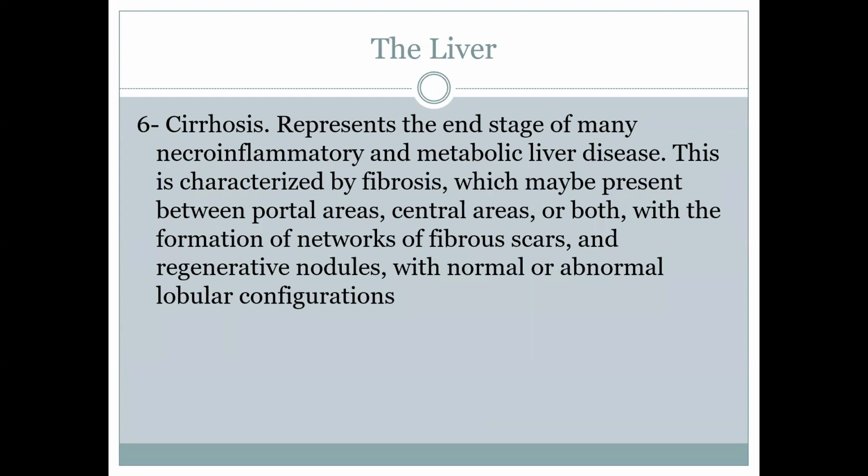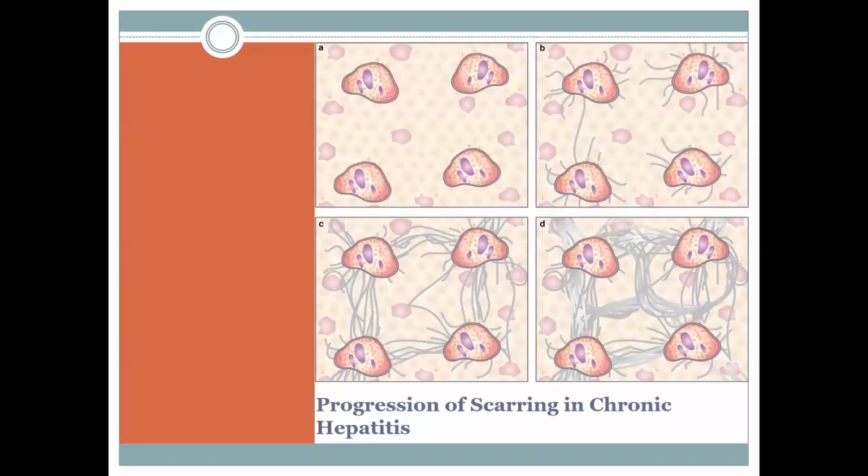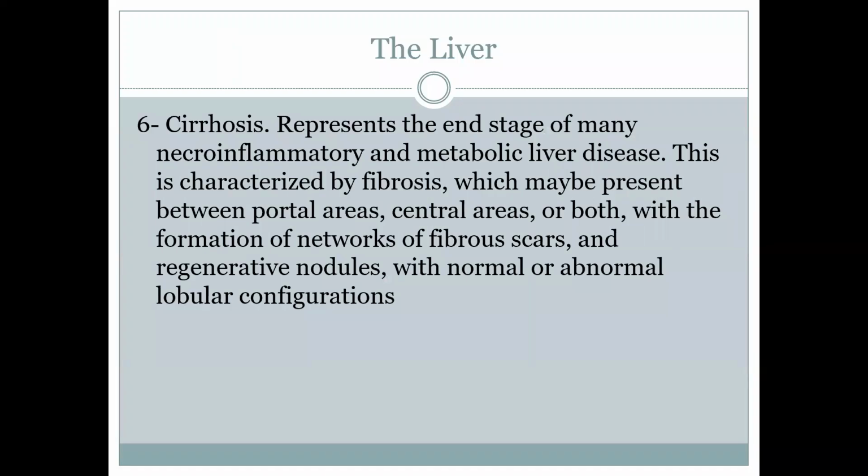Now, those regenerating hepatocytes are going to be undergoing continuous replication. The reason for this is that they no longer have the structure that I just mentioned to you in the prior slide, in the form of a single file hepatic cord.